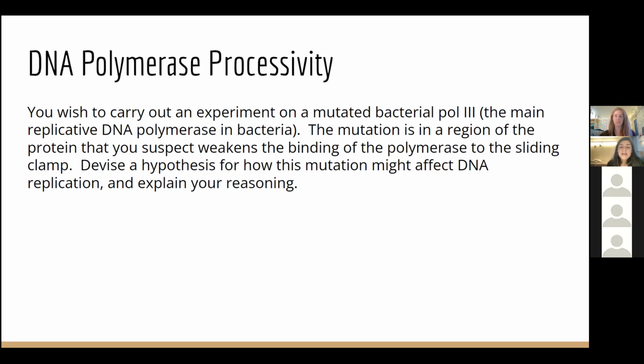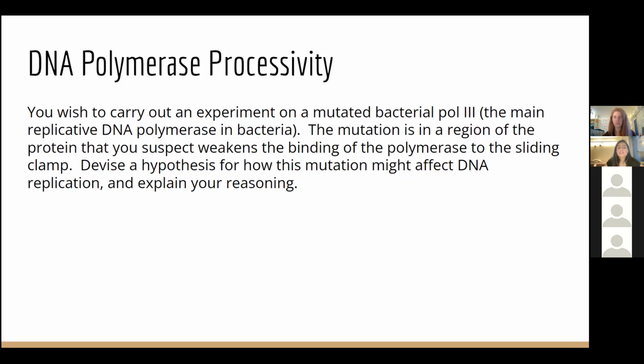But basically, if there's a mutation that weakens the binding of the polymerase to the sliding clamp, that means that the polymerase is going to be less processive, which means that it's going to fall off the DNA more often, right? And if it falls off the DNA more often, the sliding clamp needs to bind to the DNA again, and the loader needs to put it on and everything, which takes time.